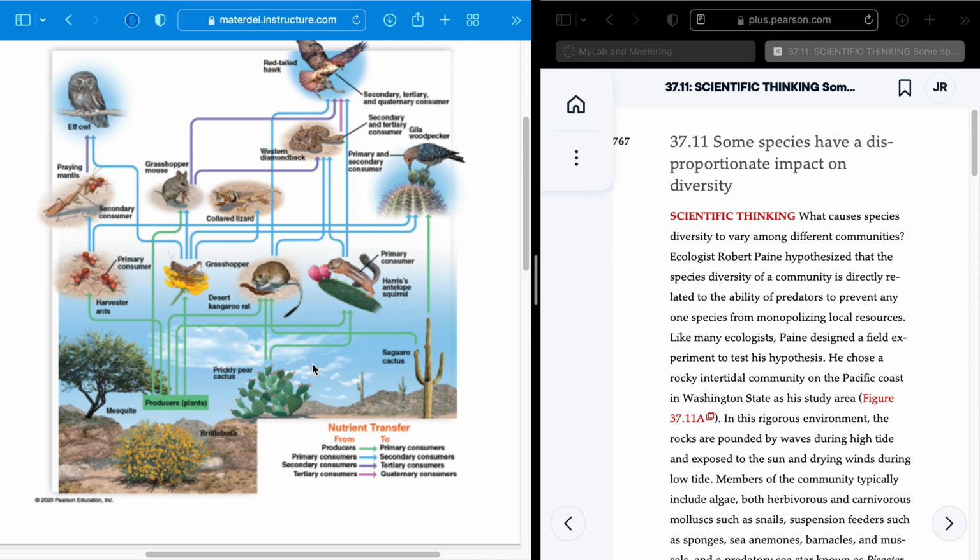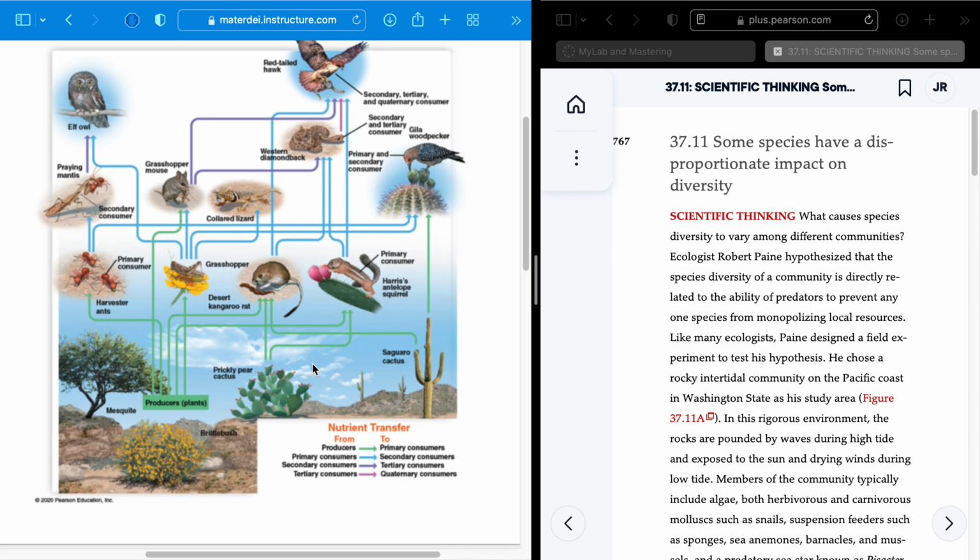So when you see intertwining, like a spider web, when you have food chains being all connected, then it becomes a food web. So if you follow the producer to the primary consumer, to the secondary consumer, to the tertiary consumer, that is one food chain.